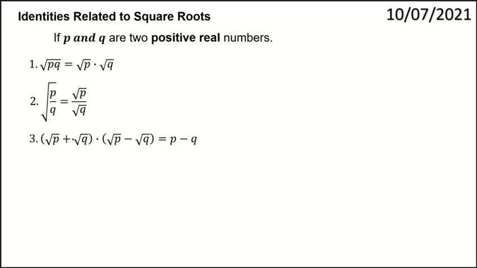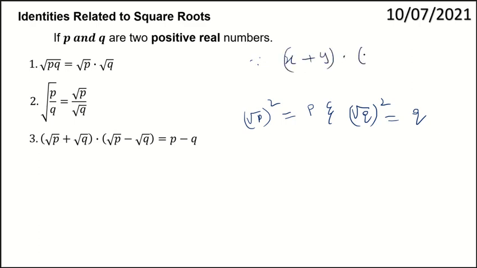So root p plus root q multiplied by root p minus root q becomes root p whole square, which is p, minus root q whole square, which is q. So p minus q comes here. I used the identity x plus y multiplied by x minus y gives x square minus y square.